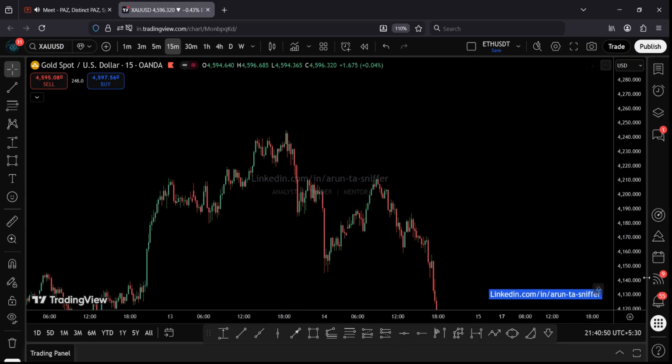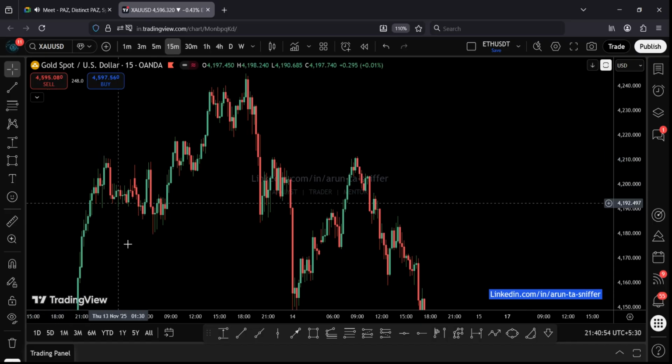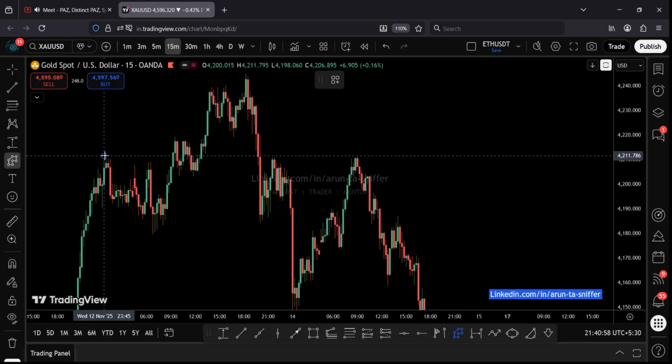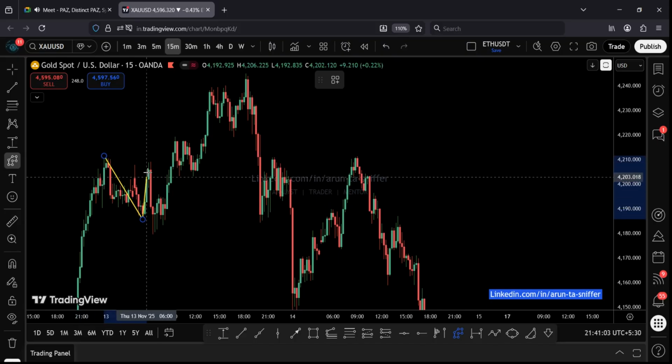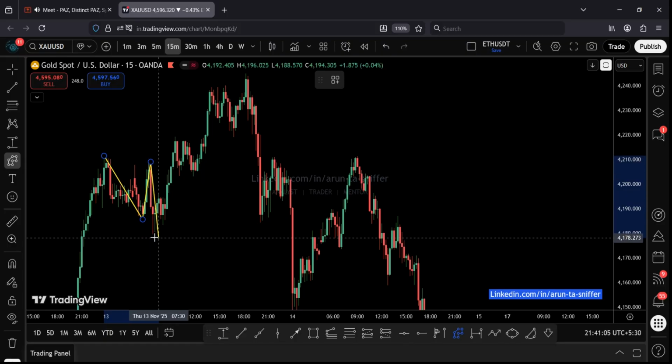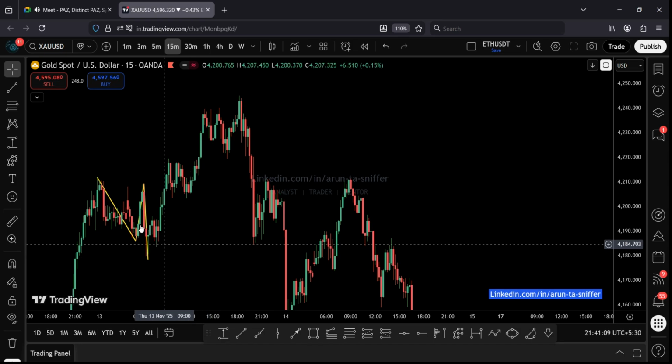Do we have one here? Look at this. Goes up, comes down, goes up, comes down again. Not that much clear, but the idea is almost the same.